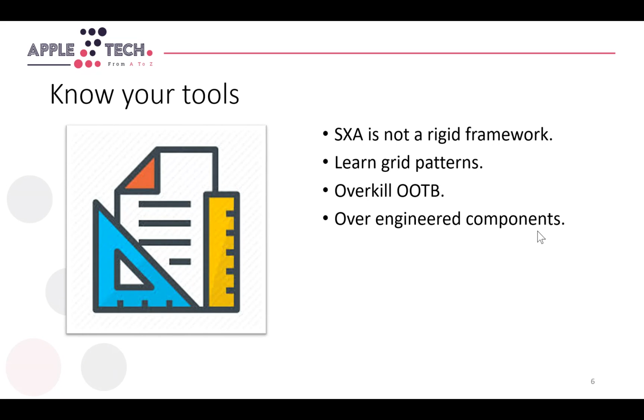If you need a specific articles listing or an article component, go ahead, create that module and add it to your offerings. Do not just go to the news or the event component or the search results and start to tweak that to accept a different kind of template and different fields just because we're going to extend the out of the box. So do not overkill your out of the box components and do not over engineer components.